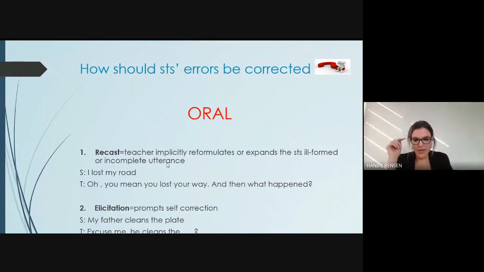This is in an accuracy-based activity, not in a fluency-based activity, because you remember I said to you that we should immediately correct students' errors. Well, if we go back to this, then in accuracy-based activities, we can implement these strategies into our classes to help students self-correct.